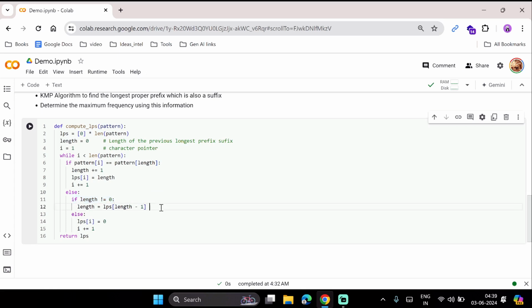We will use the previously computed LPS value.